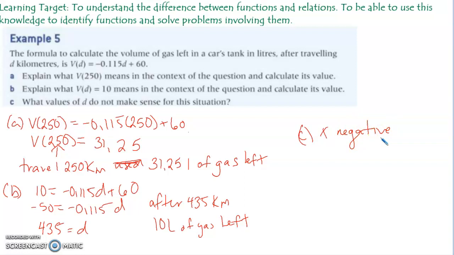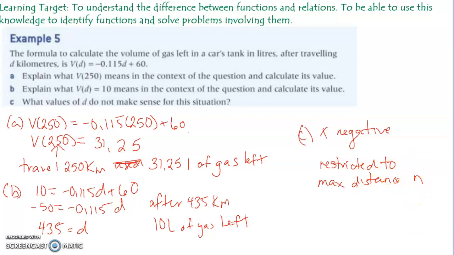Okay, there's also going to be a maximum distance that the vehicle is able to travel on a tank of gas. So we could say that it's restricted to a maximum distance, which we can call whatever we want. You could call it N, you could call it P. Okay, so this will be the maximum distance.